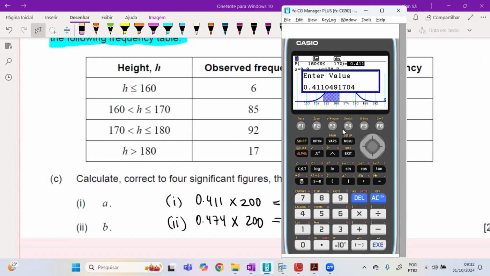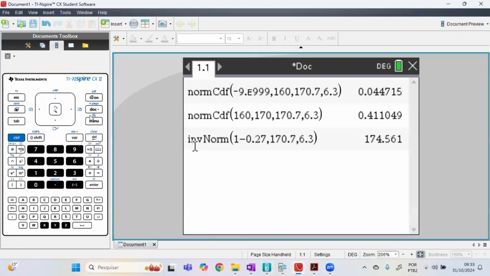And then do the same for the other class between 170 and 180. So here we put 170, and then 180, and then we get this value. Here it shows more figures, but if you need to see more figures, press option and then F1. You would write this down and multiply by 200. The same thing in Nspire: you would get this number and just multiply by 200.